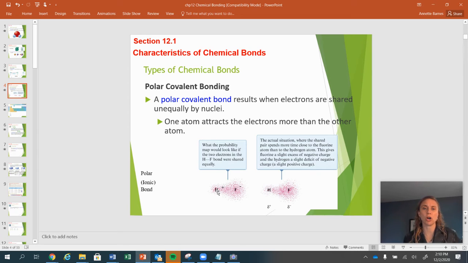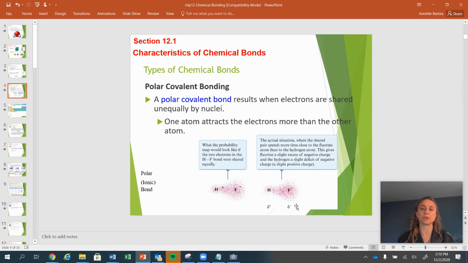So that gives the hydrogen less than a neutral charge, right? Normally hydrogen has one proton and one electron, but if it only has an electron some of the time, then it's more positive more of the time. And since fluorine has a bunch of electrons, but it's got an extra electron, one more than its number of protons, then it's going to be a little bit negative.